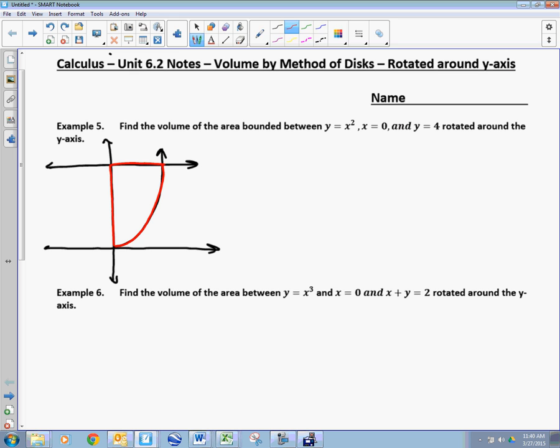So as we revolve this around the y-axis, we get that.